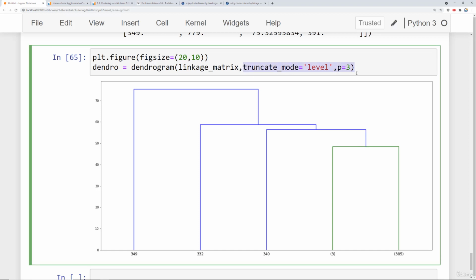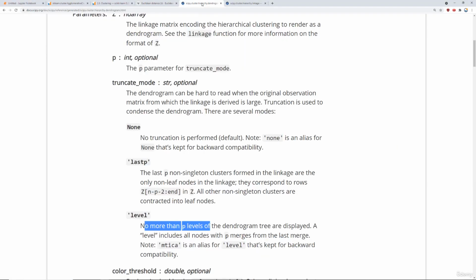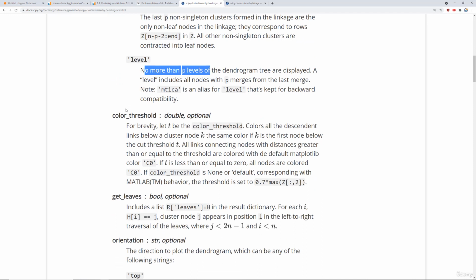Okay, so those are your 2 truncation modes available to guide you and help you understand what is a reasonable interpretation for my linkage matrix and my dendrogram. Now, as far as coloring is concerned, this is another way SciPy tries to help you out. This one's a little more complicated to understand, especially as a guide, but there is a color threshold you can use, which is essentially just defining the cluster nodes and how you're going to color them.